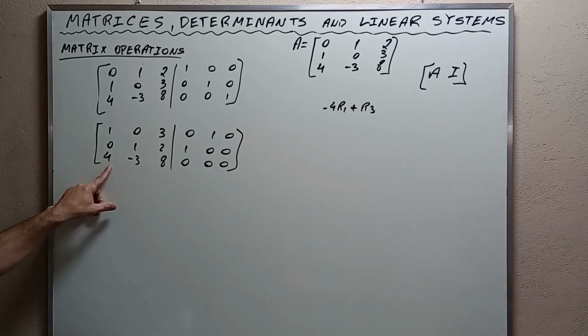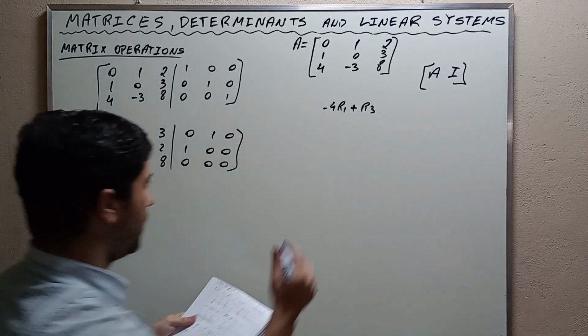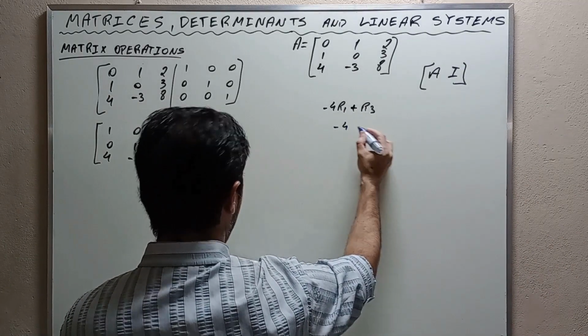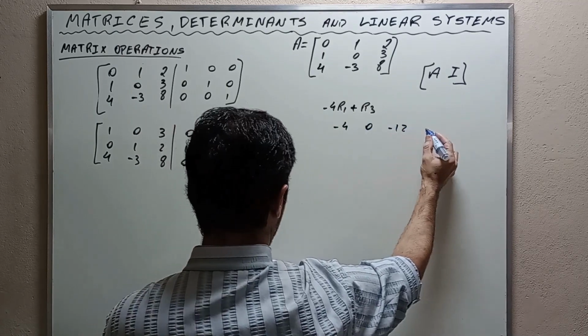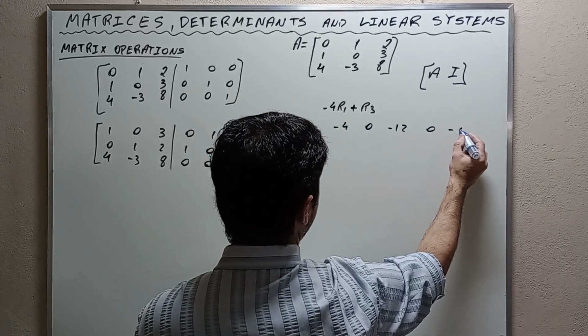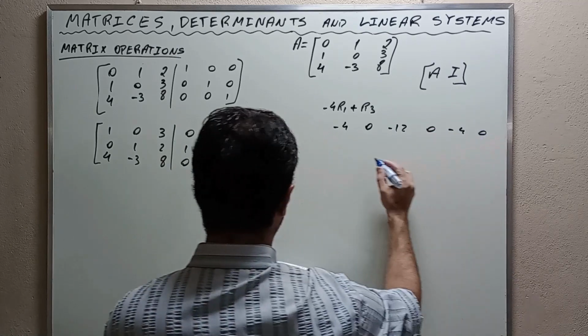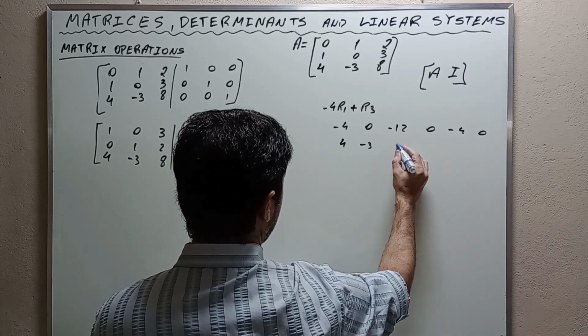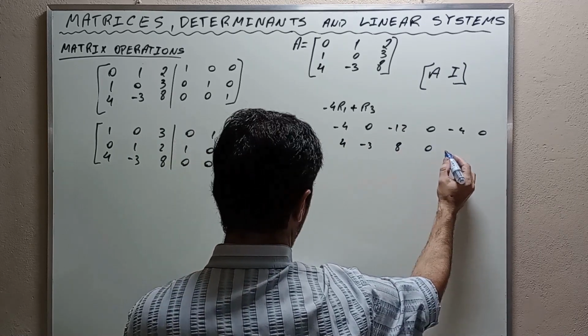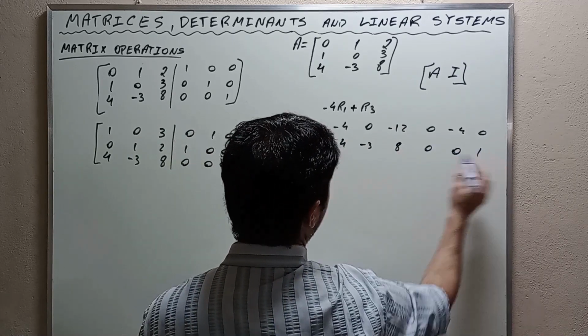And in this way, we eliminate this 4 here. It is going to be -4, 0, -12, 0, -4, and 0. 4, -3, 8, 0, 0, and 1.